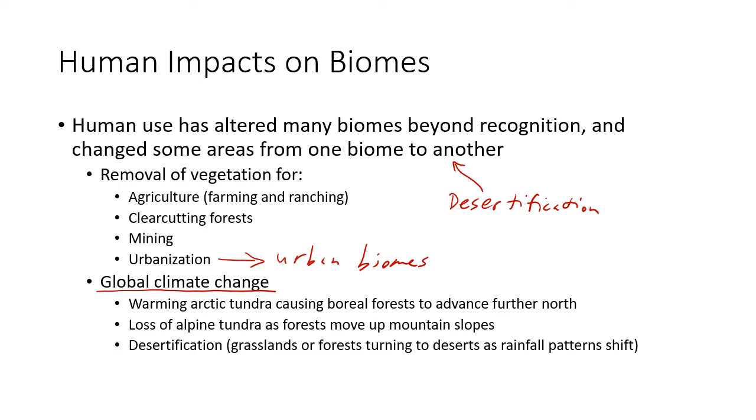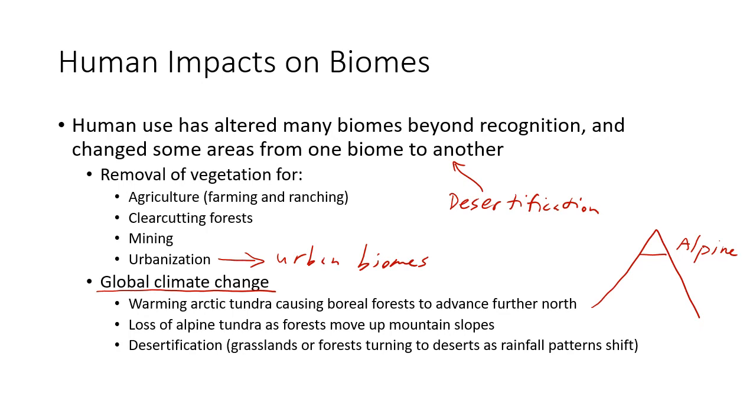So for example, the Arctic tundra is warming. As the Arctic tundra warms, boreal forests can survive further and further north, and they are advancing north. The second bullet point maybe hits home a little bit more in Colorado, especially if you've been up to the alpine zone. In the alpine zone, you've probably seen lots of tiny little plants, beautiful looking wildflowers.